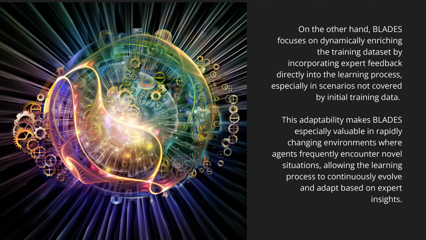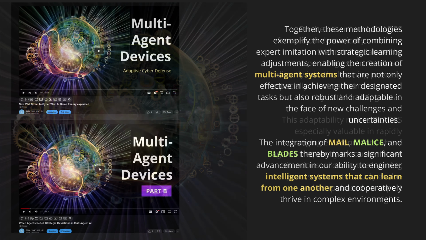Those are the blank regions in our state-action spaces. This adaptability makes BLADE especially valuable in rapidly changing environments where agents frequently encounter completely novel situations, allowing the learning process to continuously evolve and adapt based on expert insights.